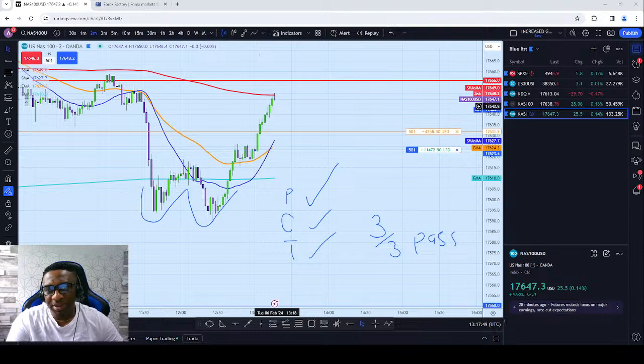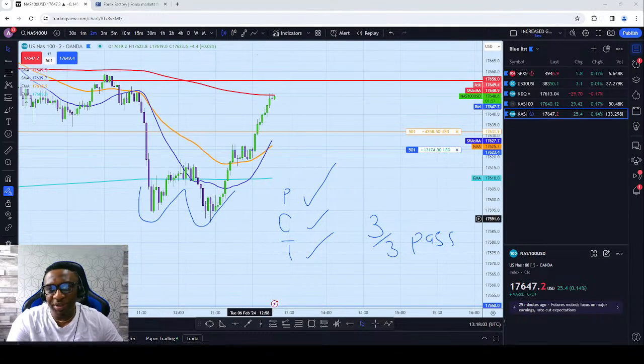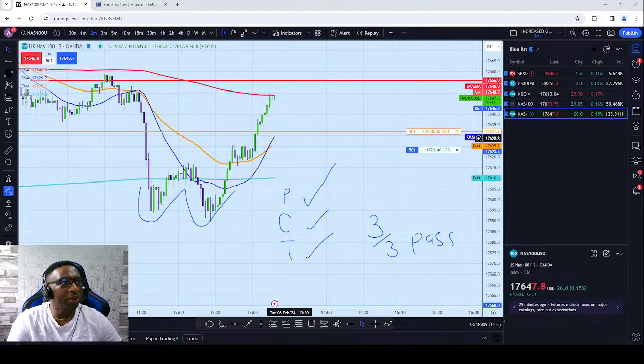If it's pushed down a bit and then it begins to go up again, it's an area to add on, to add more positions to your wins. That's why I said we add to our winning trades, we never add to our losing trades.